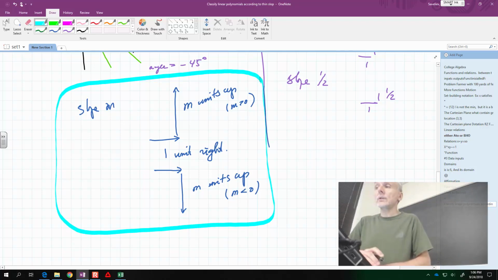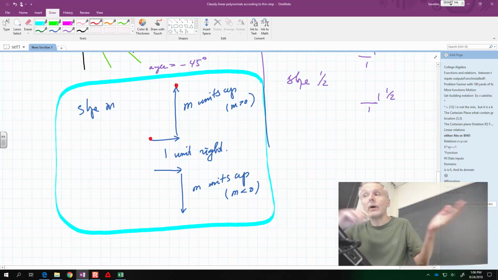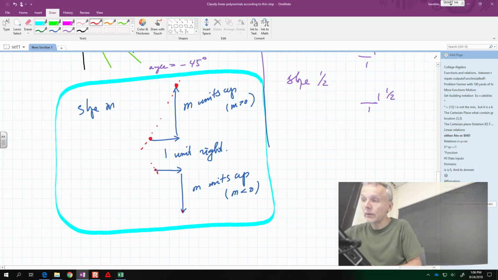Then you speak of one point at a time. So these two points, once constructed, lie on a straight line with slope m. As we know, no matter which two points you pick in that manner on a line, they will produce the same slope.